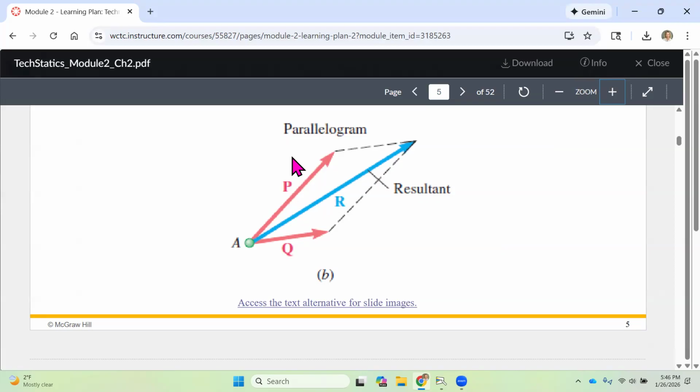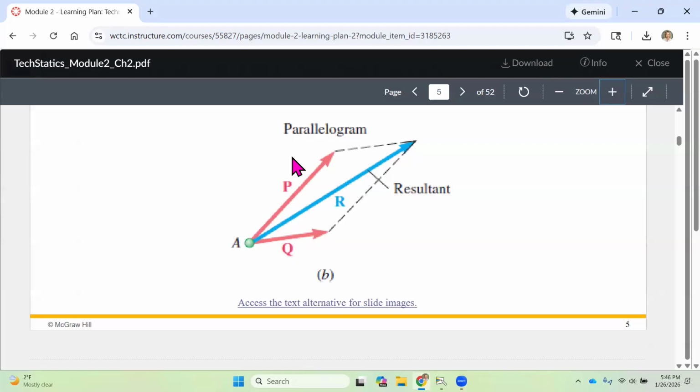Now, if I use a tool like AutoCAD or any CAD software, now I can draw them to the exact lengths rather than just sketching them out. And I can get numbers and values that are going to be exactly what it would be if I would actually calculate those. In this class, we're not going to have time to do the graphical solutions, but we're going to sketch some of these at the beginning. And they're also going to be the basis of how we calculate things using our trig functions, if you would.